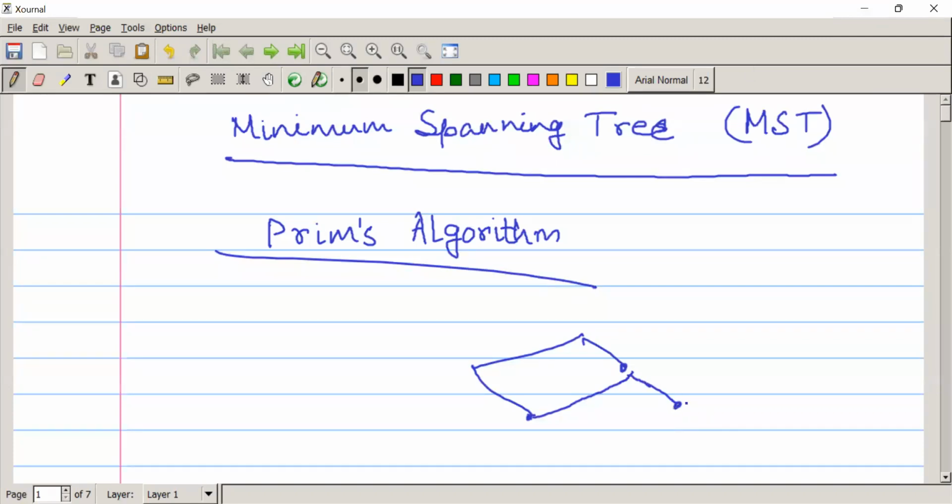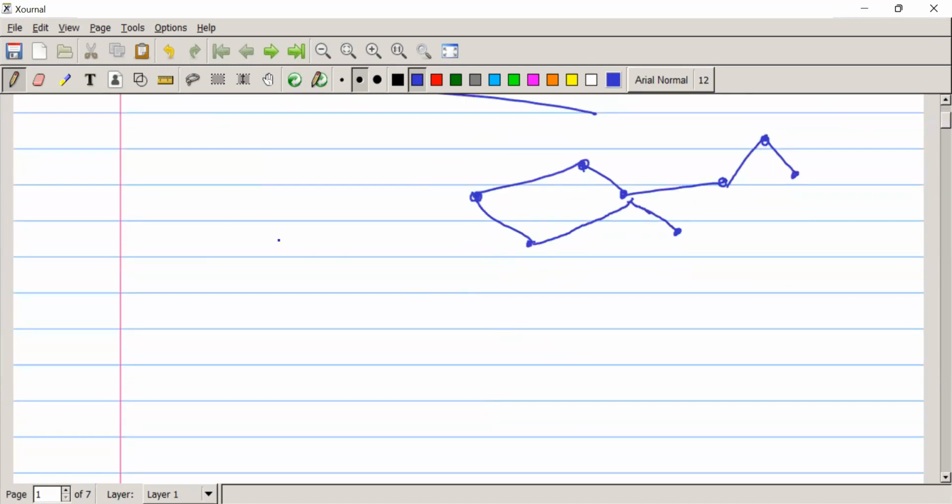Okay, so if this is some graph given, and we want to find a spanning tree, then it is more intuitive that we start from any vertex.